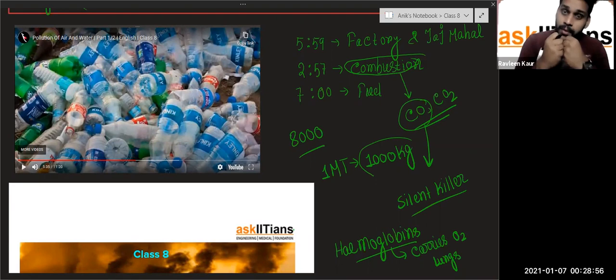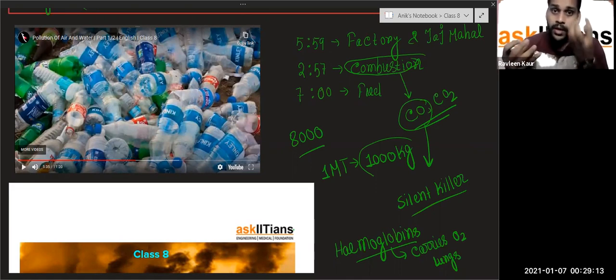As a result, what would happen? You would have so much oxygen in front of you, in the air or in the oxygen cylinder, but you would not be able to access it. Carbon monoxide would get attached to hemoglobin and your cells would only be getting carbon monoxide instead of oxygen. If your cells are not getting oxygen, they would not be able to get the energy, right?